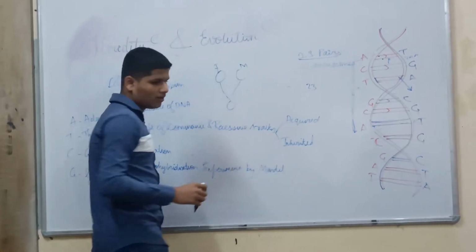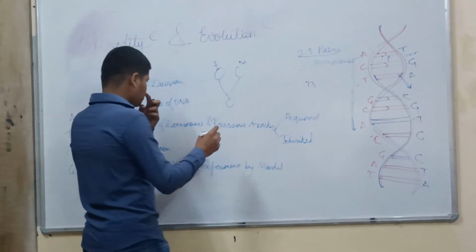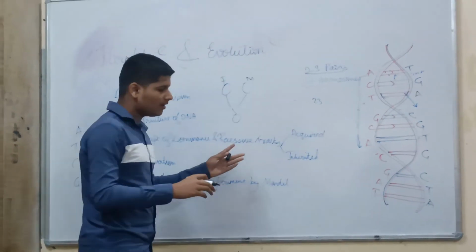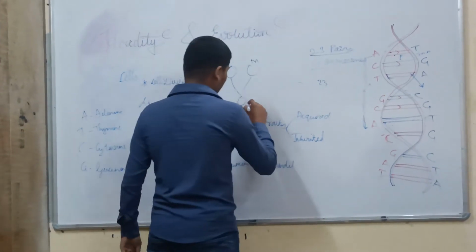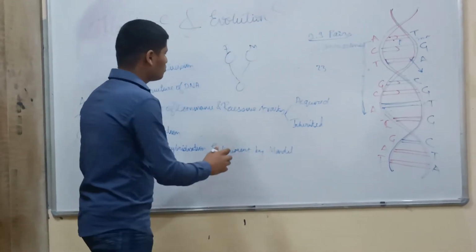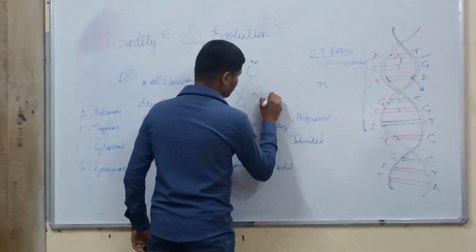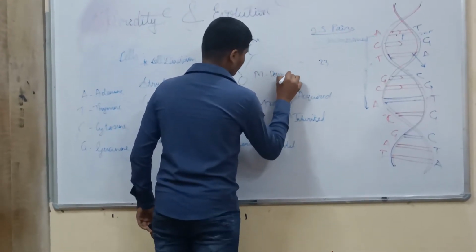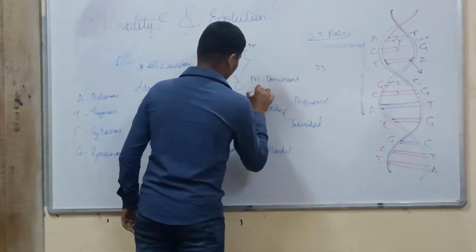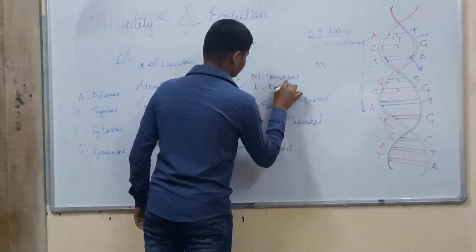A child will be either tall or a dwarf. If the child is a dwarf, then the mother's characters are dominant in this offspring. So here, the mother is dominant and the father is recessive.